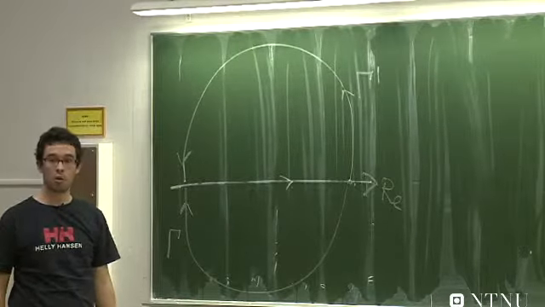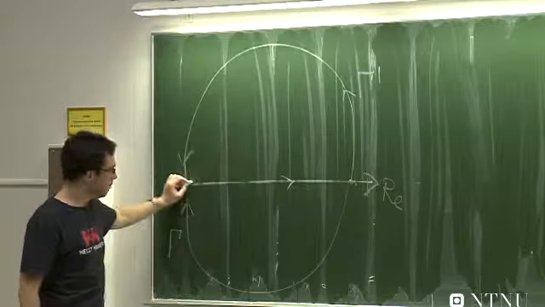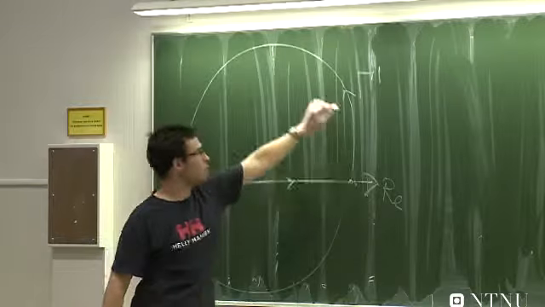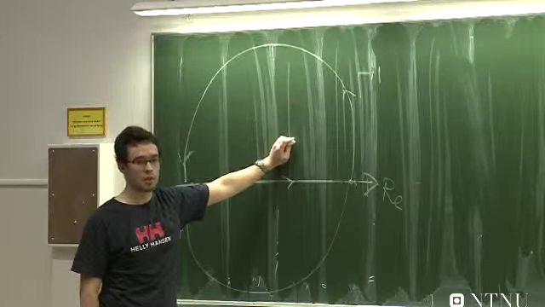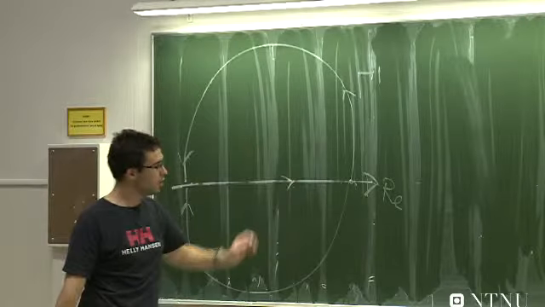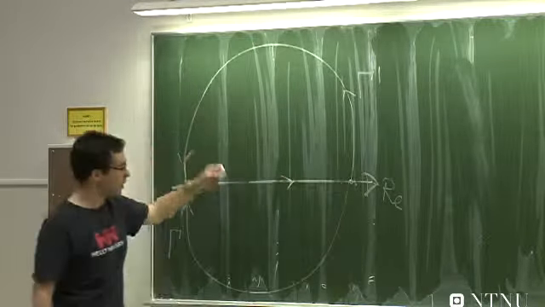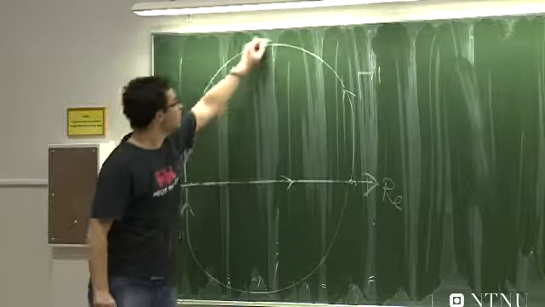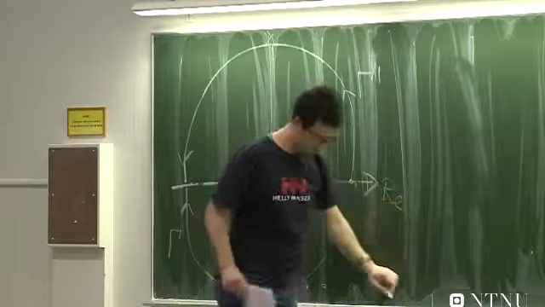And now you remember from complex analysis that the total curve integral is going to be the integral along this curve plus the integral along this curve. And that's going to be equal to the sum of the residues inside the contour. We're going to show that these arc integrals disappear, meaning that the residues will give us the integral directly.